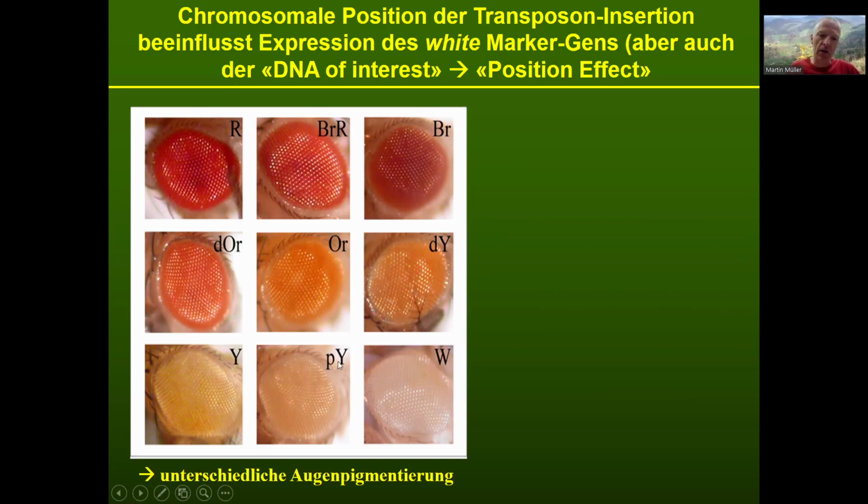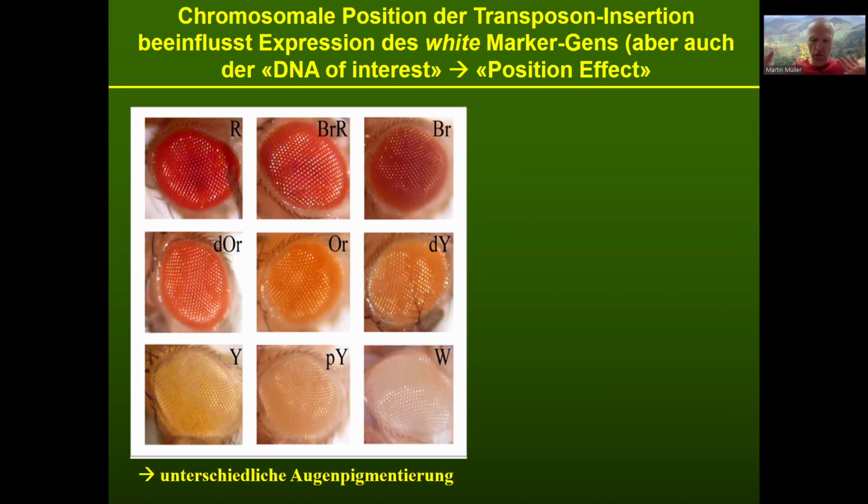You get weak yellow, pale yellow, or you get yellow eyes, dark yellow eyes, orange eyes, dark orange, brown, red, red. So depending on where the P element is inserted in the genome, the expression of the mini-white, of the white gene, will be different.